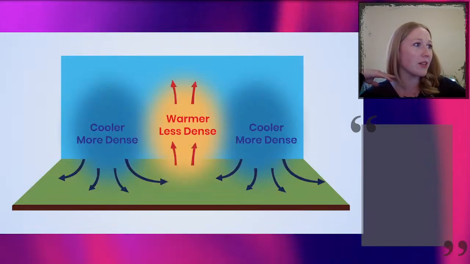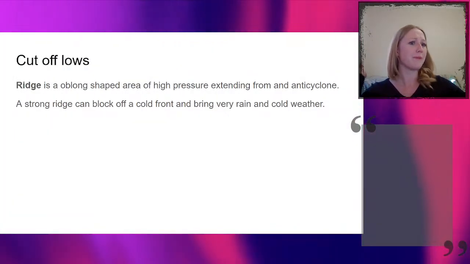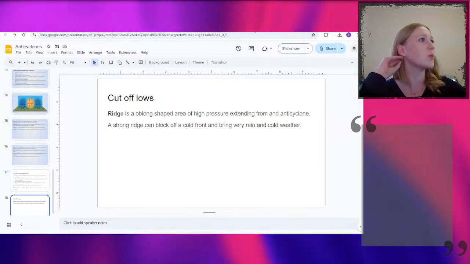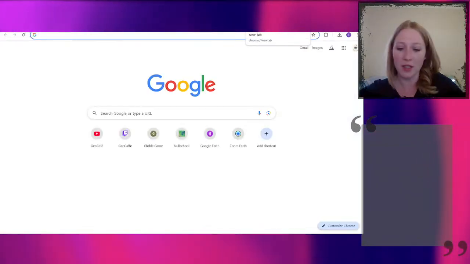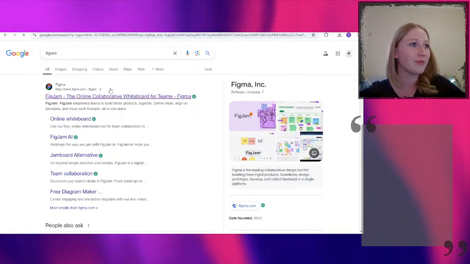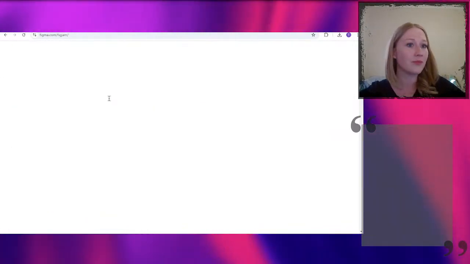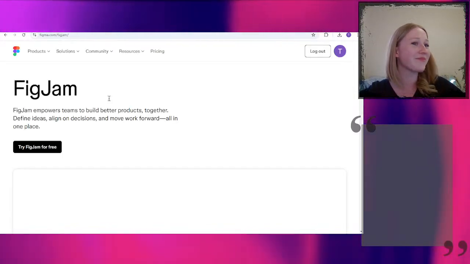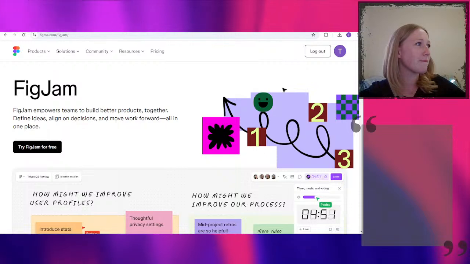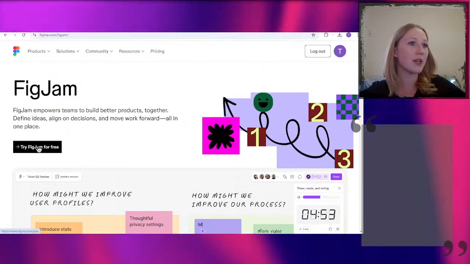Then in summer, wait, where's my other diagram? Where's my other diagram? Okay, fine. We will just have to draw one. Where's FigJam? Hello, oh, there it is.